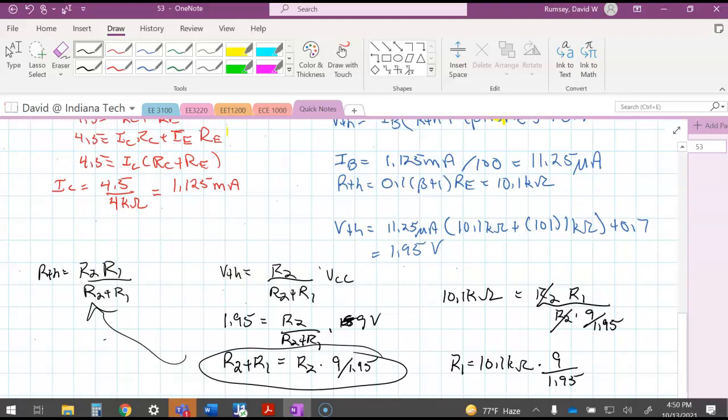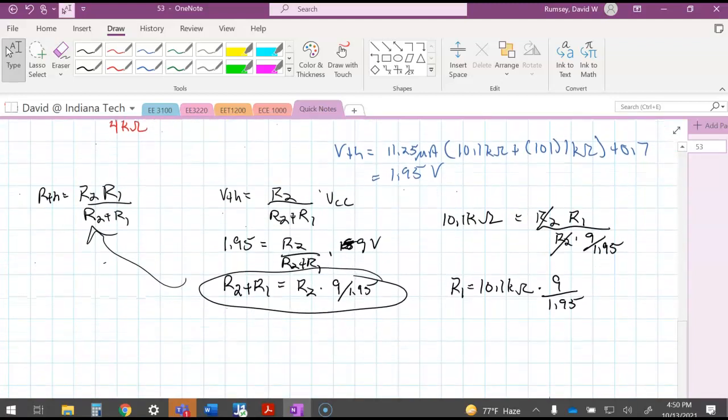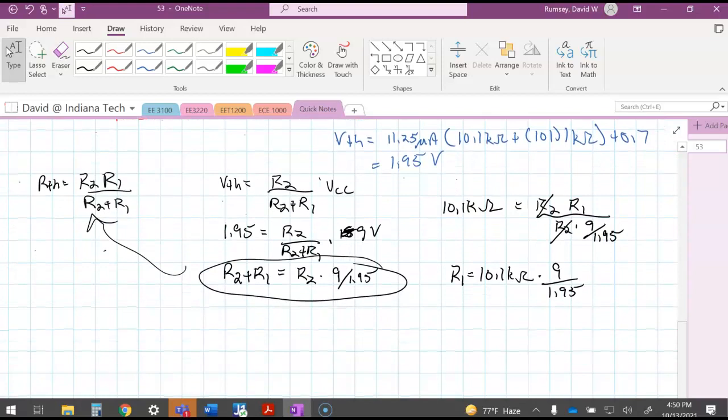And so doing that computation, we get 46.62 kiloohms.